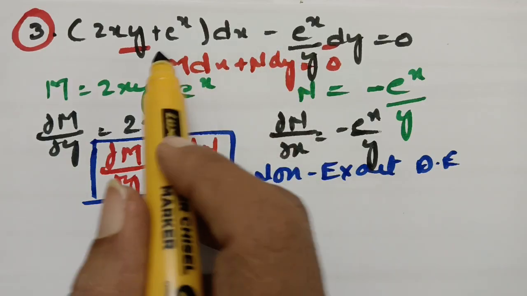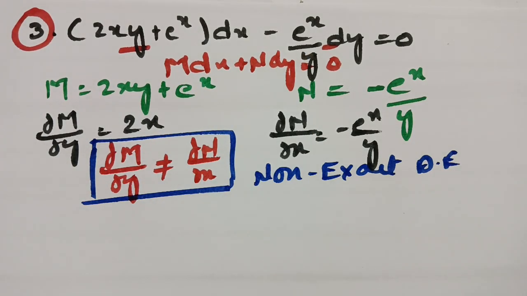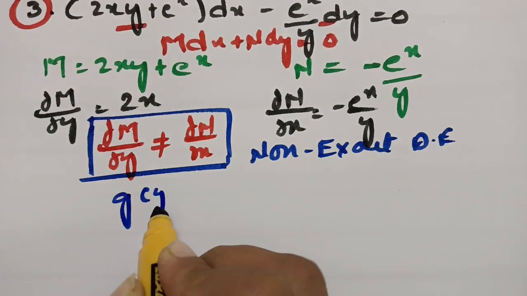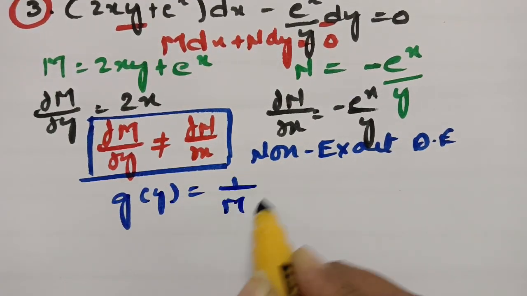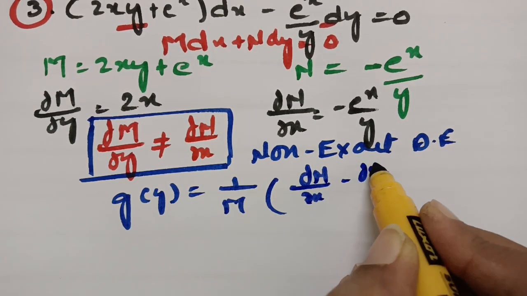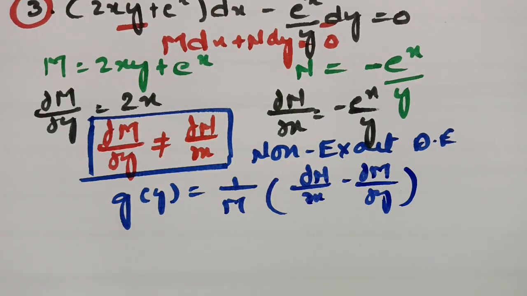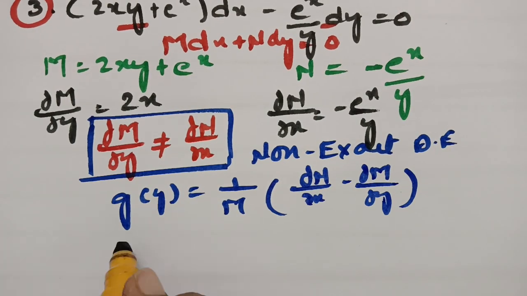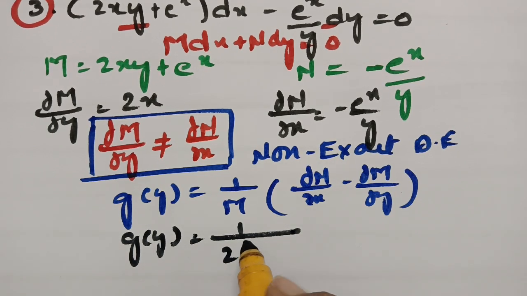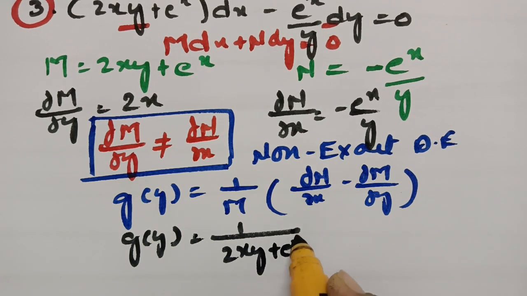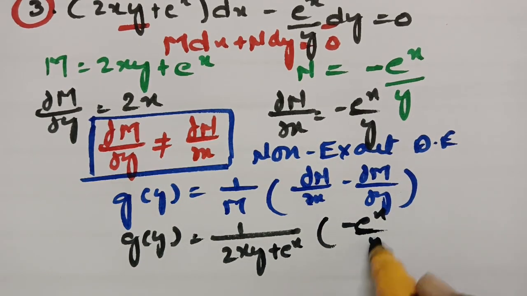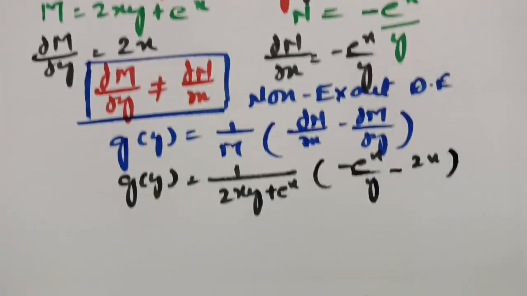If you observe this one, which one am I going to select? I am going to select g(y). So g(y) is equal to 1/M times (∂N/∂x minus ∂M/∂y). Here g(y) is equal to 1/(2xy + e^x) times (∂N/∂x, which is e^x/y, minus ∂M/∂y, which is 2x).